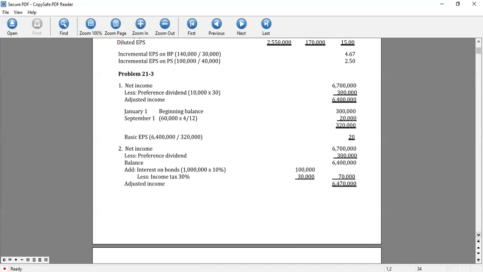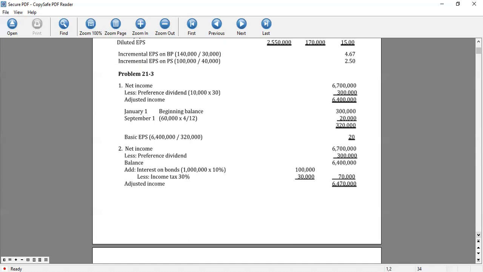Warrants to purchase 20,000 ordinary shares at 45 per share were attached to the preference share at the time of issuance. The warrants, which expire on December 31, 2022, were outstanding on December 31, 2020, and the income tax rate is 30%.